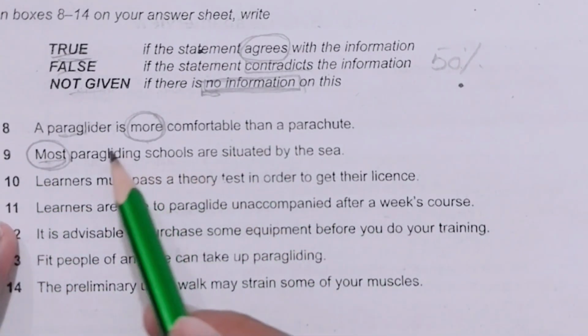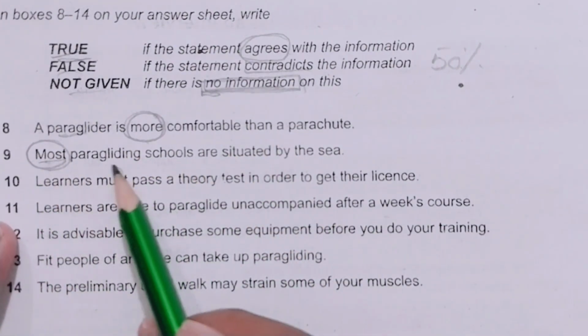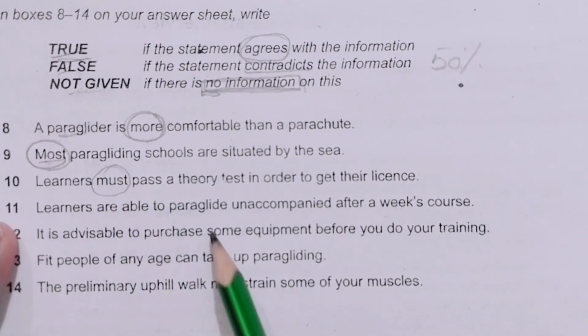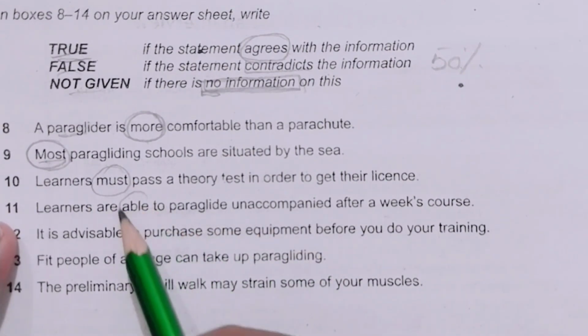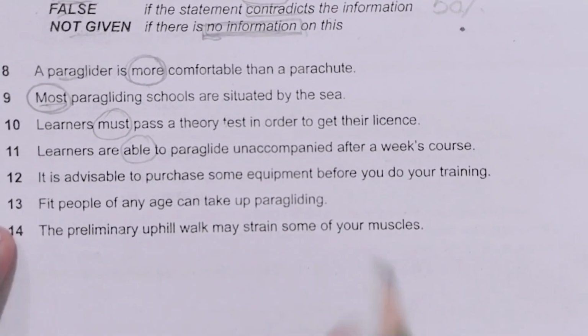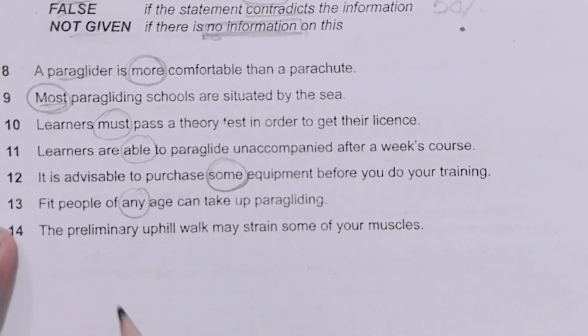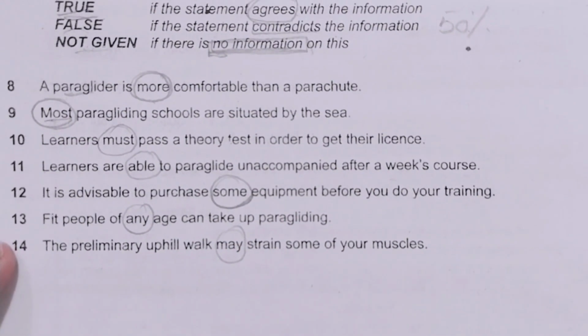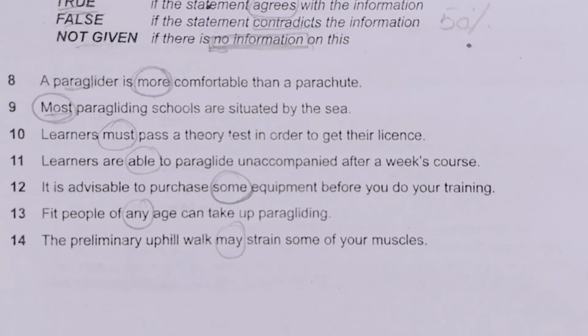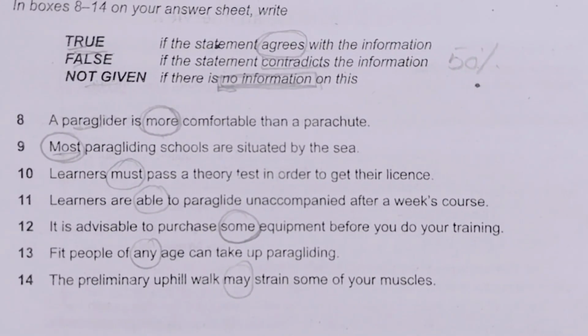These words: more, most, must, able, some, any, may. You will see these important words everywhere in all true false not given type questions, and these words will decide whether your answer is true, false, or not given.